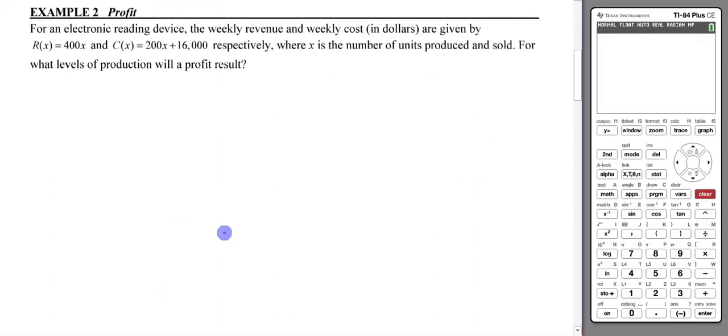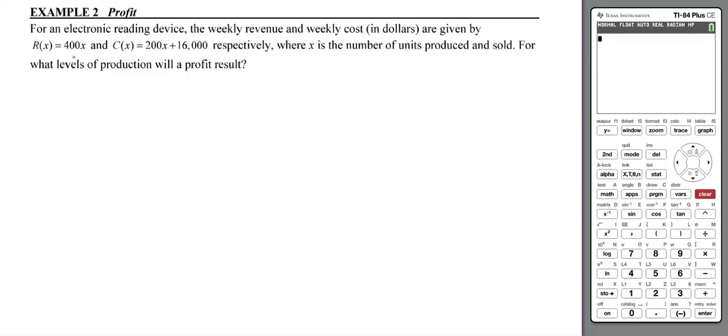Example 2 is on profit. For an electronic reading device, the weekly revenue and weekly costs in dollars are given by R(x) = 400x and C(x) = 200x + 16,000, respectively, where x is the number of units produced and sold. For what level of production will a profit result?